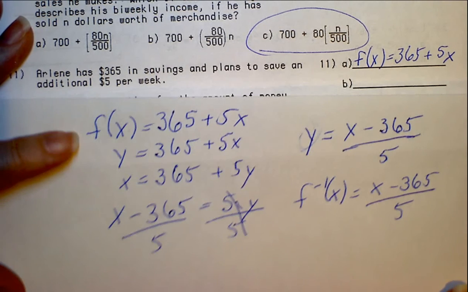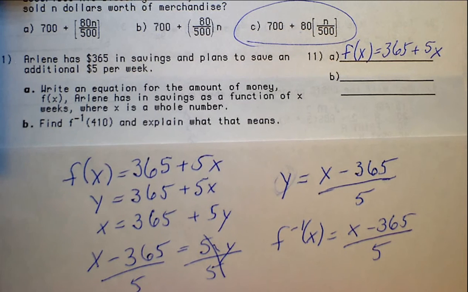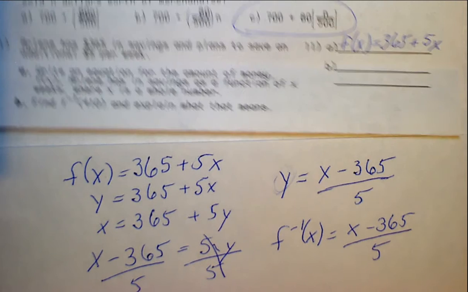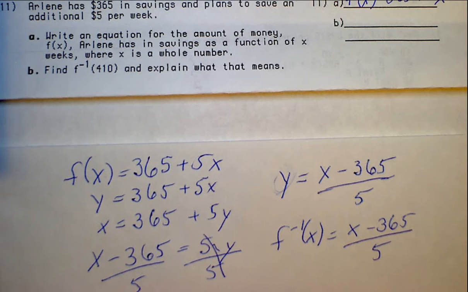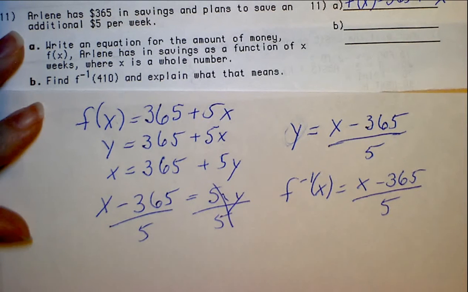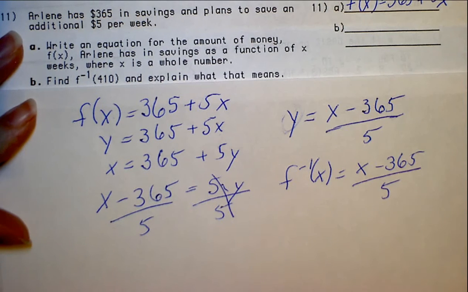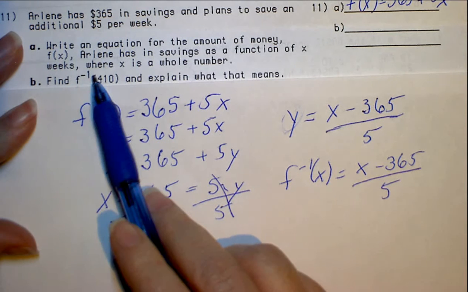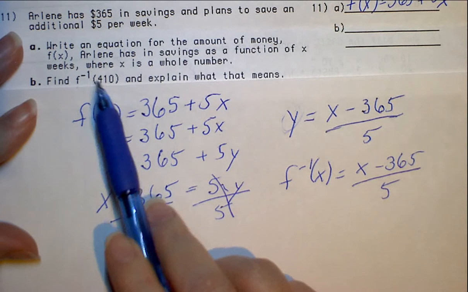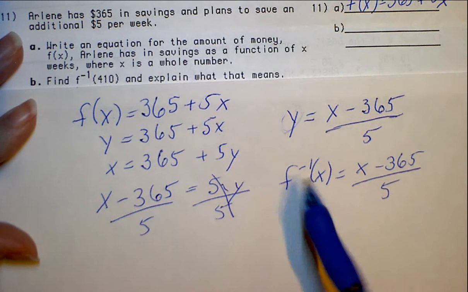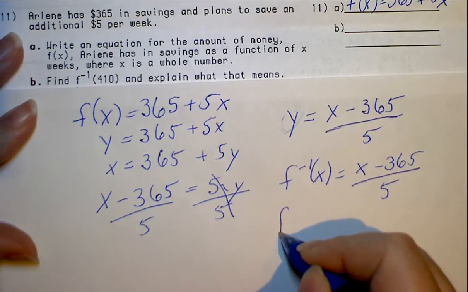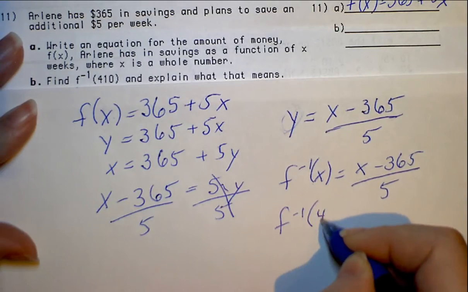Well, let's go look and see what it said. It says to find f inverse of 410. So what does it want us to do? It wants us to put in 410 for x.